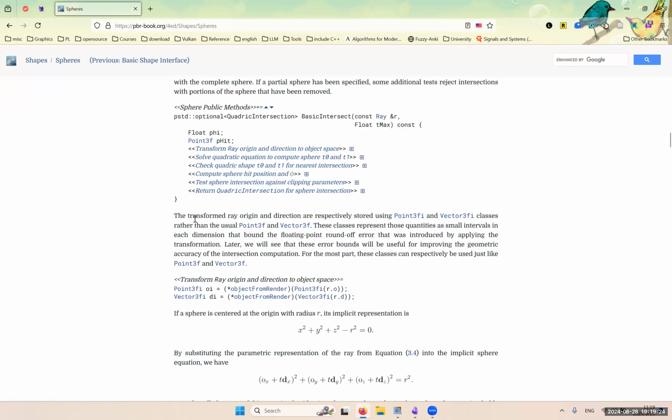We first transform the ray origin and direction to object space, which is stored in a special kind of class that also bounds the floating point errors. Later, those errors become useful for improving the geometric accuracy of intersections.